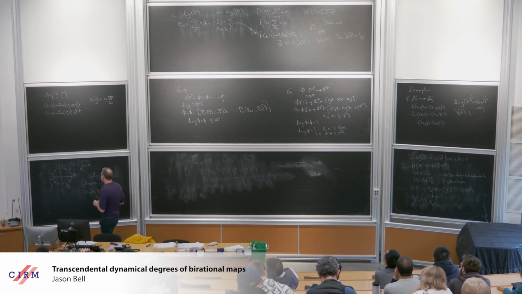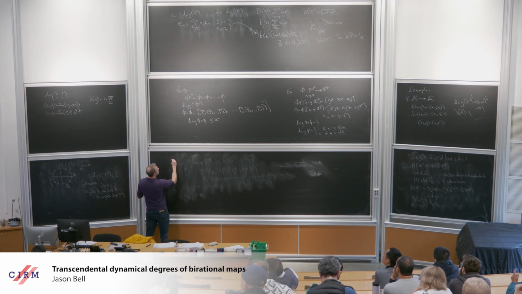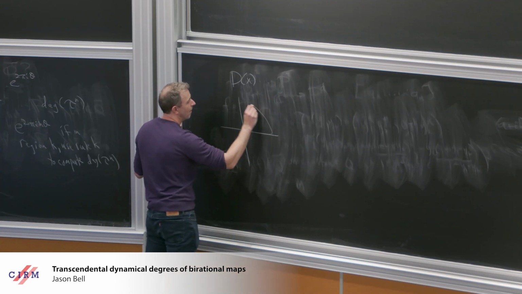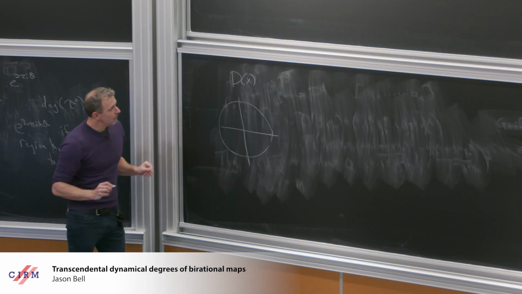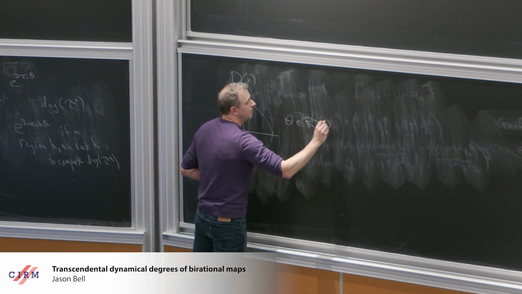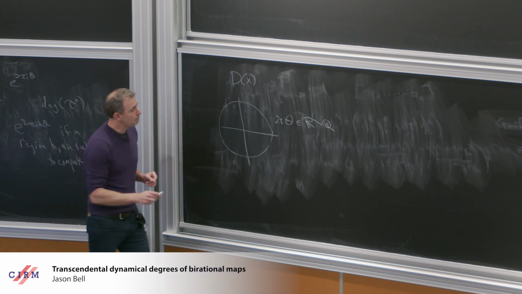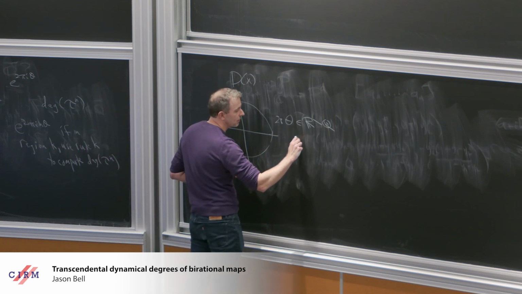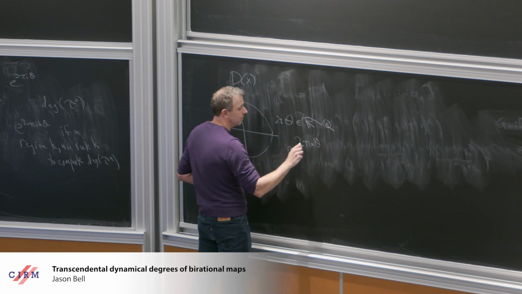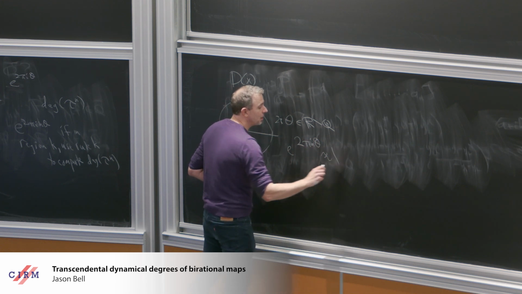So what's the idea? If I have my function d of x, well, we all know this fact that theta is not rational. And what that means is that I can find some multiple of it that's very close to 1.